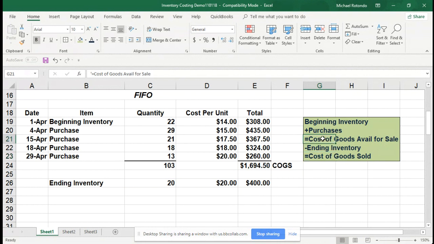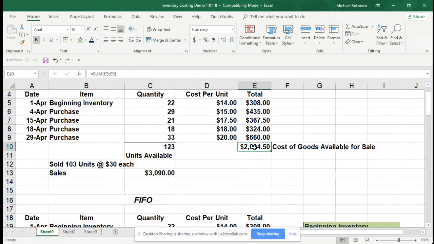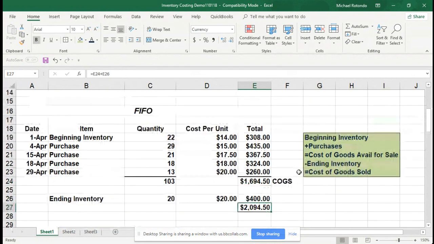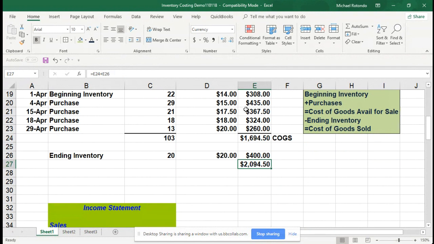So it only stands to reason that cost of goods sold plus ending inventory would equal cost of goods available for sale. So these two together should equal this. So we should verify that. And yes, it does. So we can be confident in our numbers. So our cost of goods sold under FIFO is $1694.50.